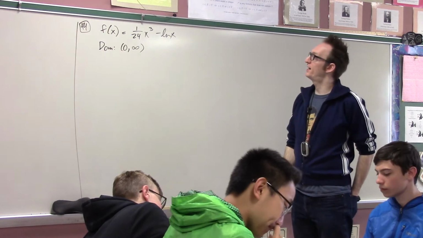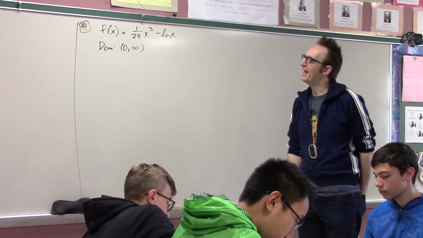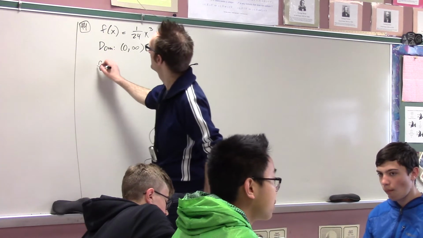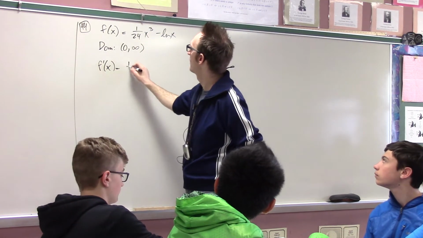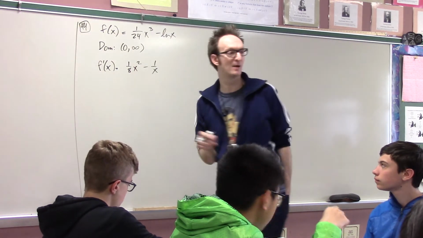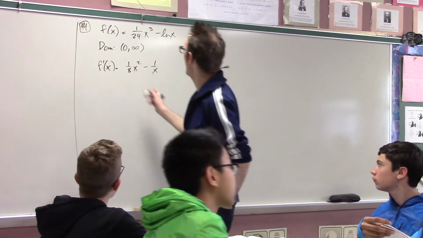Let's just at this point jump right in and look at the derivatives. Okay, so I take the derivative. Derivative of 1/24 x cubed is 1/8 x squared minus 1 over x. Okay, and now I shall factor this.